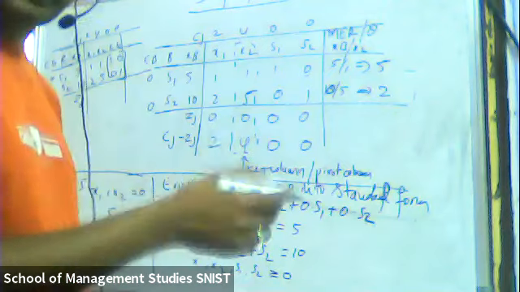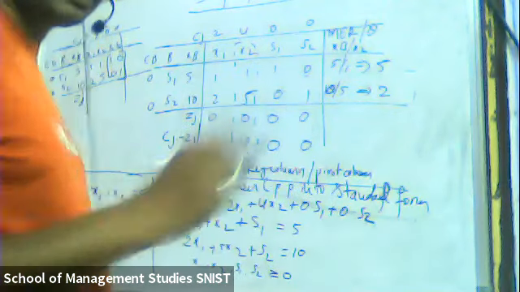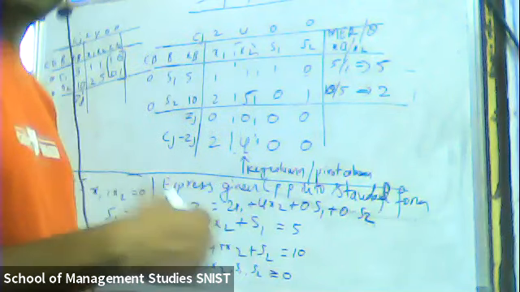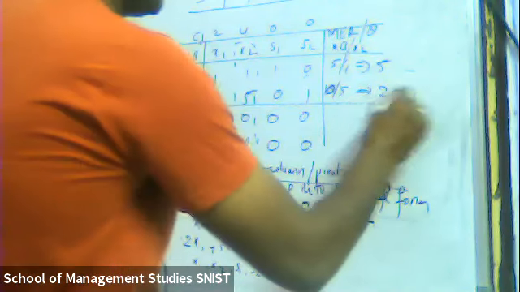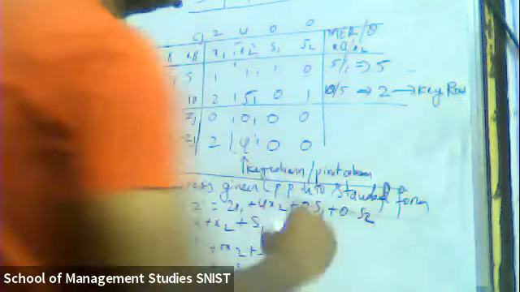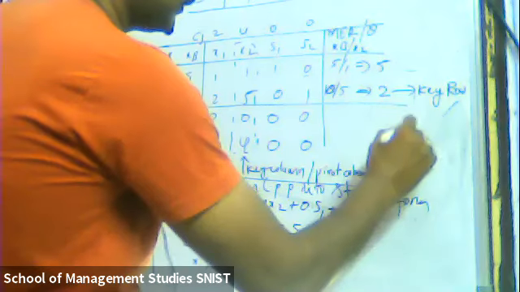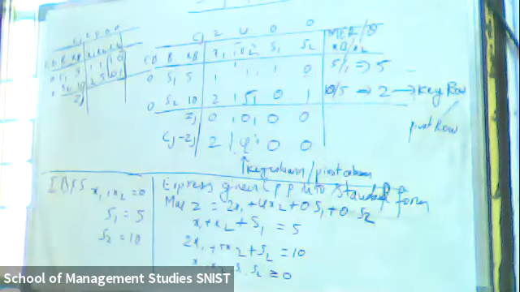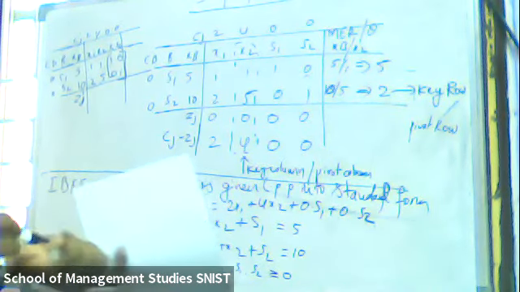If it is a negative value also, we are not considering that. Positive value other than 0, and that too the minimum value will become the key row, or pivot row.